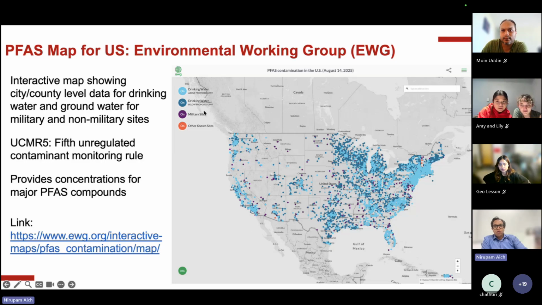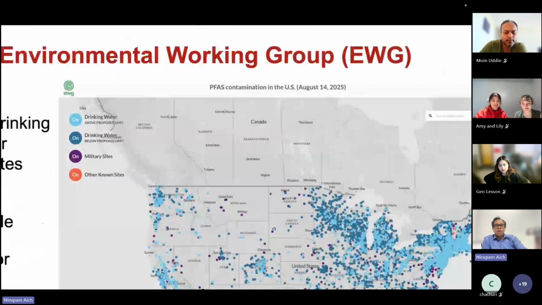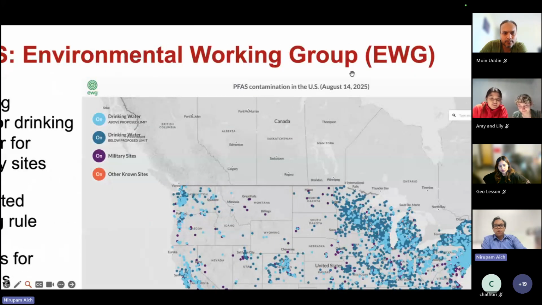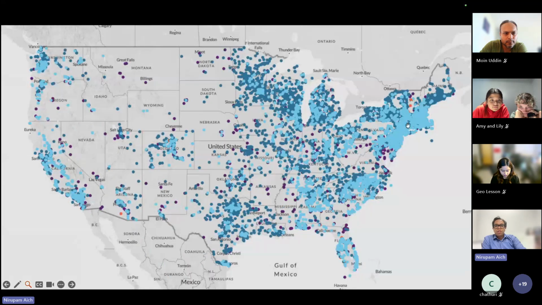If you search for Environmental Working Group, EWG PFAS interactive map, you can go to this map, and it shows the US map with PFAS contamination. It's not all the PFAS contamination sites, but where most of the monitoring is happening.